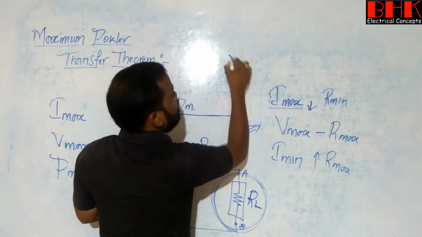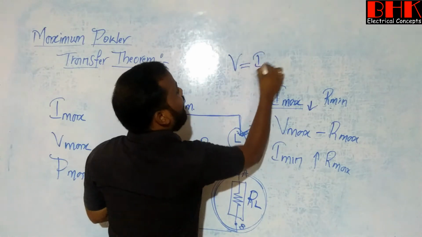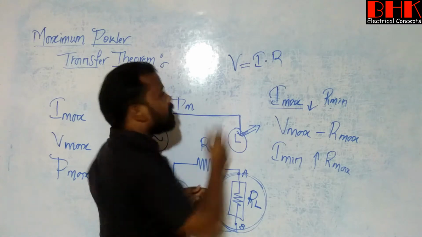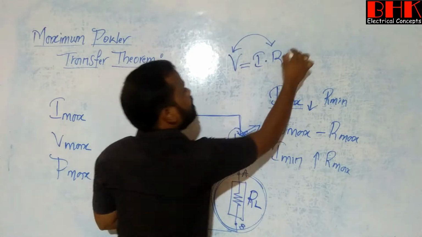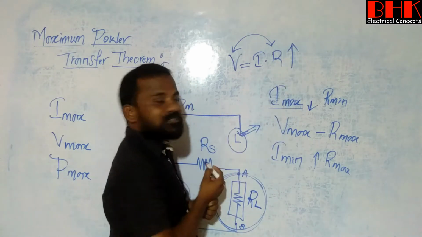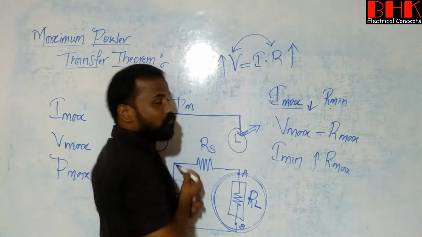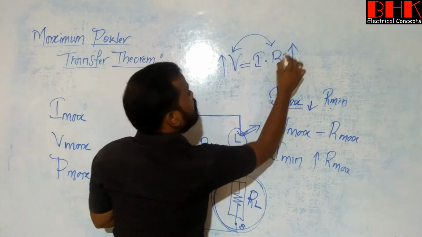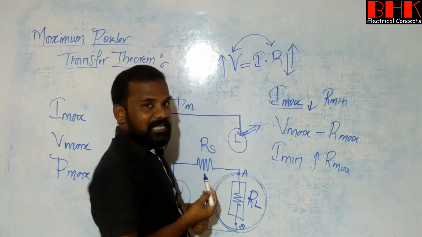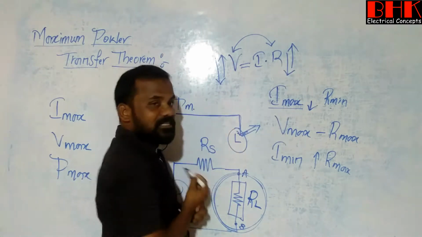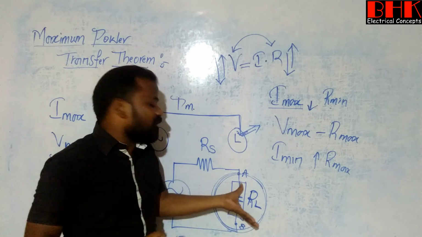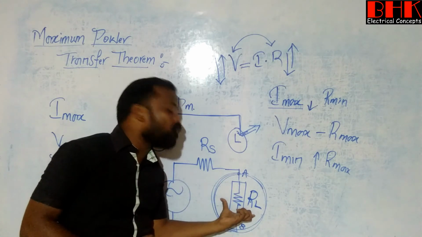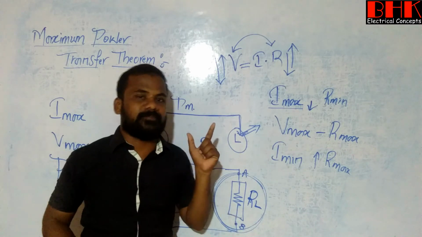V is equal to I into R. Observe the relation between voltage and resistance: if the resistance is maximum, then the voltage is maximum; if the resistance is less, then the voltage is less. So to get maximum voltage across the load, the load resistance is always maximum.